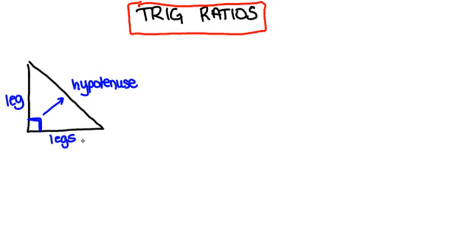So again, those two sides that come together to form the right angle are called legs. So in this picture, the two sides that I just made red are called legs, and the side opposite or across from that right angle is going to be known as the hypotenuse.